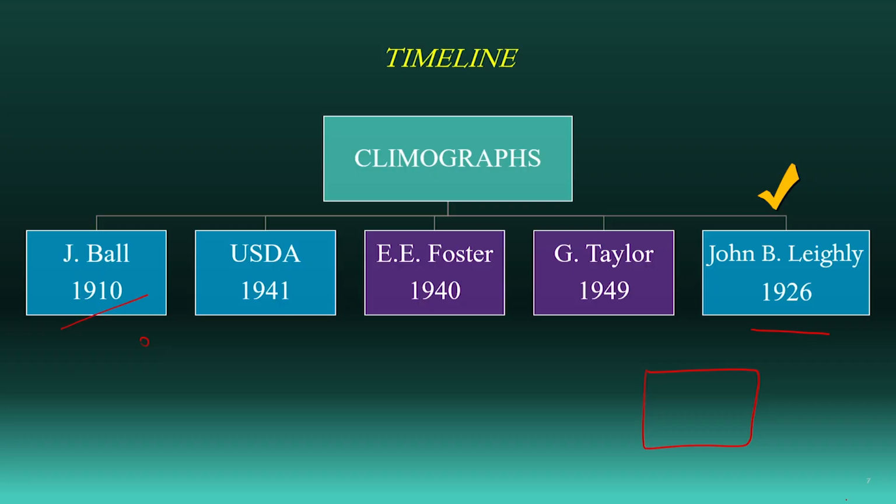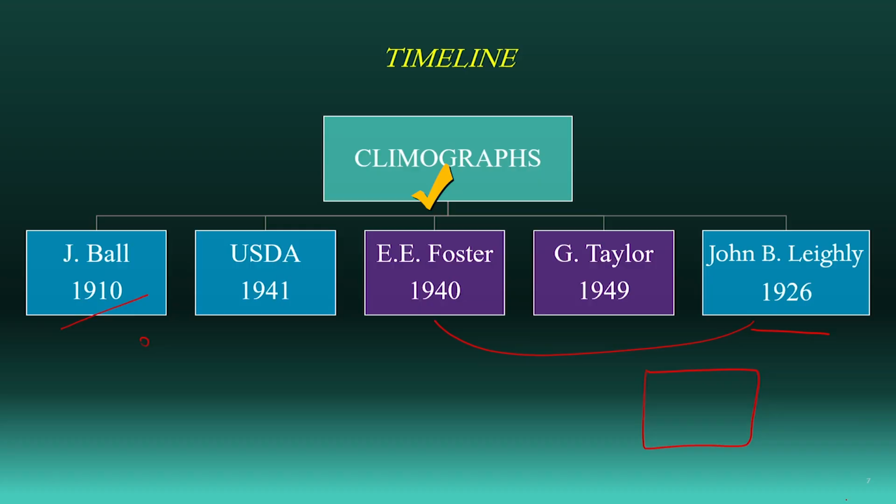Then in 1940, E. Foster created climographs based on factors which we will look into later. Soon after 1940, the US Department of Agriculture also tried to bring out the climograph to present agricultural processes and agricultural planning.